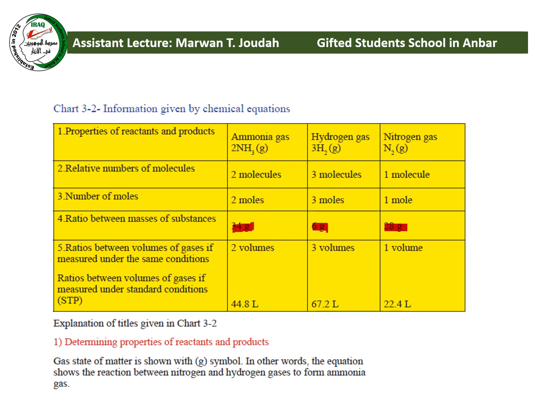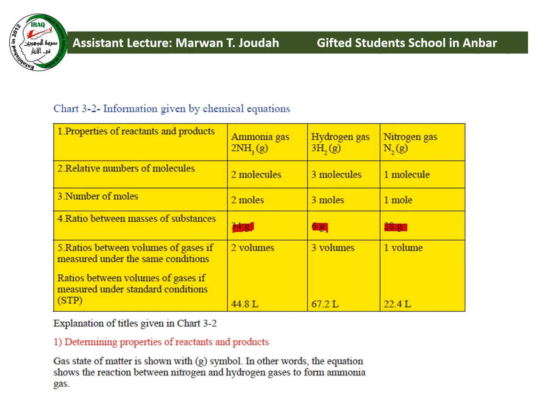The ratios between the volumes of gases, if measured under the same condition, we just convert the grams into volume. The number of moles equals mass over molar mass, and you can multiply the two sides to get the number of moles. We will get to it maybe in this lecture or in the upcoming lecture. Now let's get into each one individually.